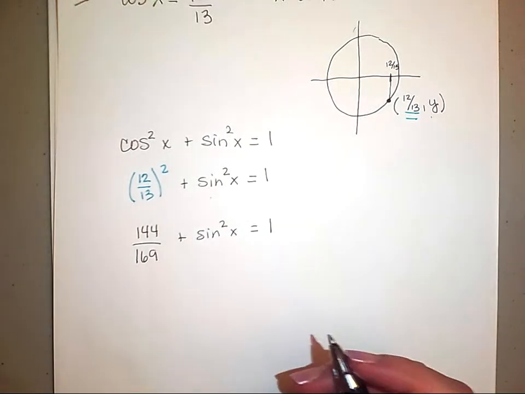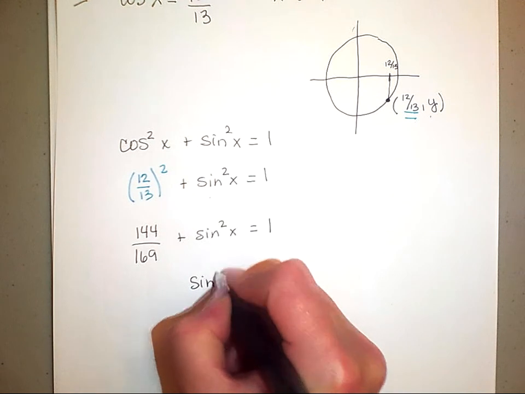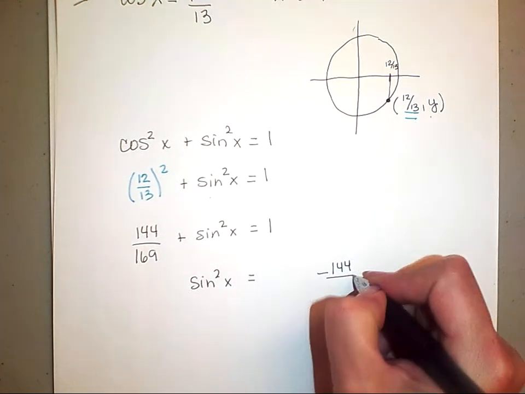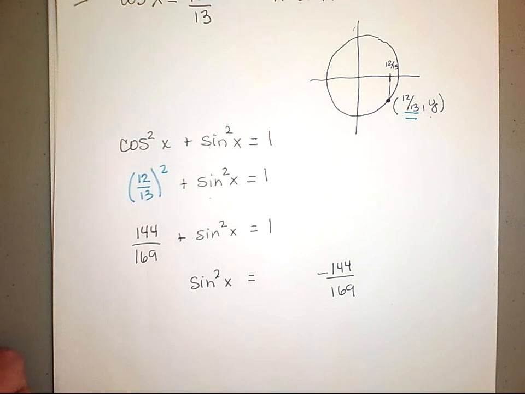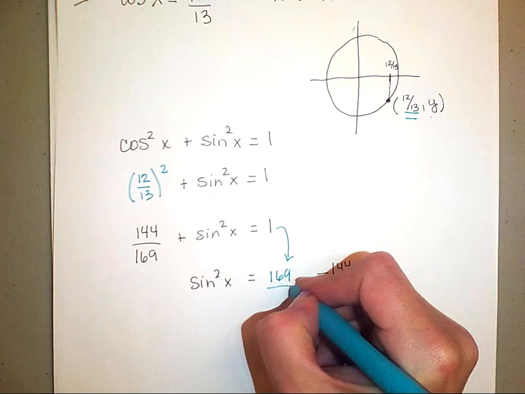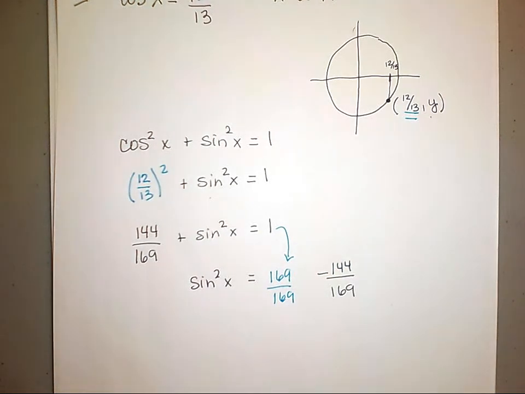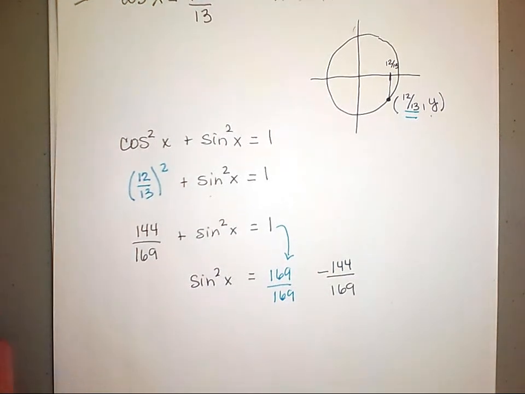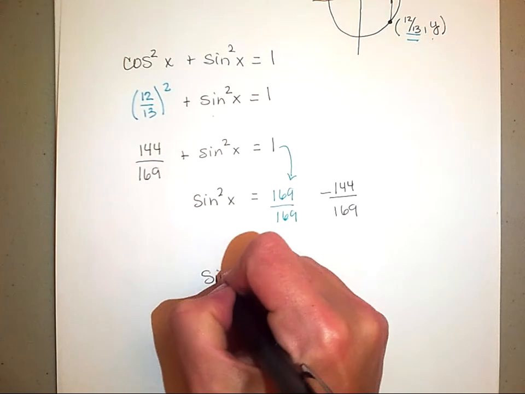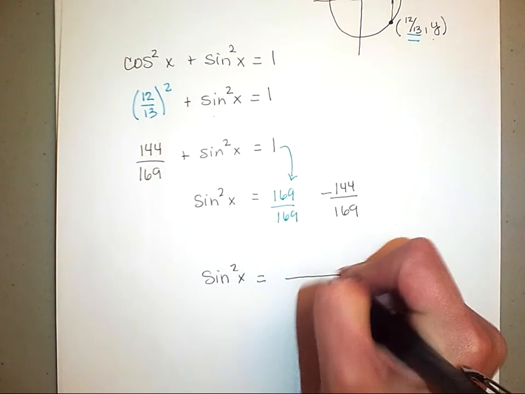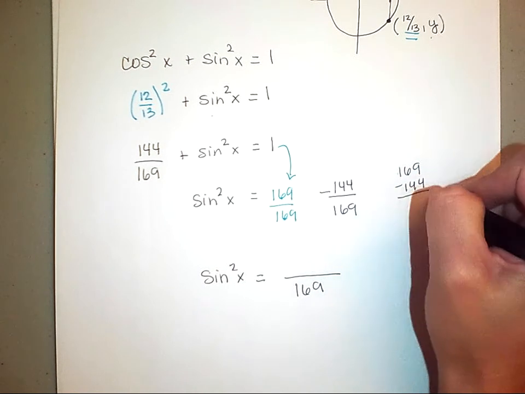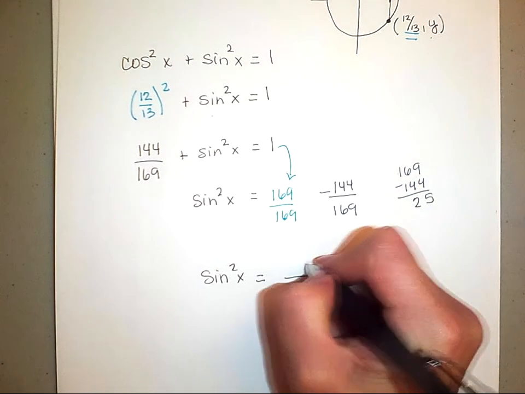I'm going to subtract 144 over 169, and let's rewrite 1 as 169 over 169. So sine squared is equal to 25 over 169.